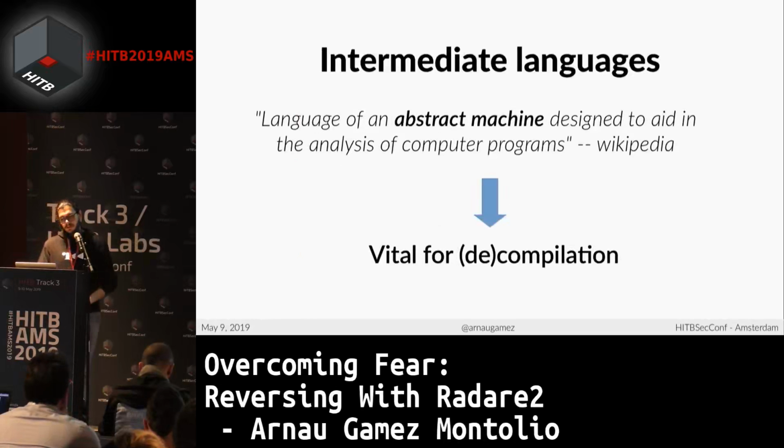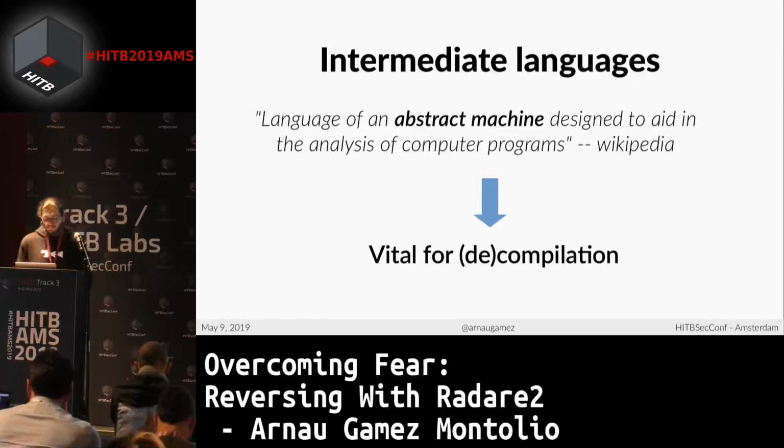So one important thing on emulation is the concept of intermediate languages, and I won't go very deep into theory. It's just an abstract machine that helps in the analysis of computer programs. As the name says, it's an intermediate language between the code that is written and the assembly that helps us in the analysis.